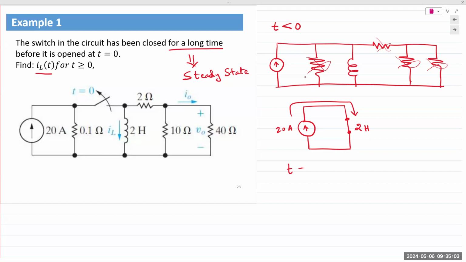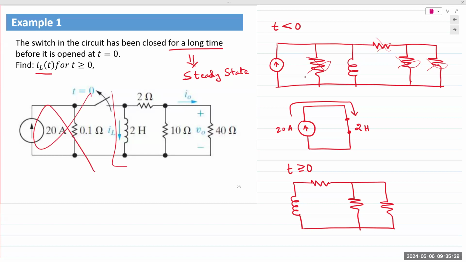Now, for time t equal to or greater than 0, the circuit flips open. The source is disconnected. The only thing that's left in the circuit are basically the inductor and the 3 resistors on the right.